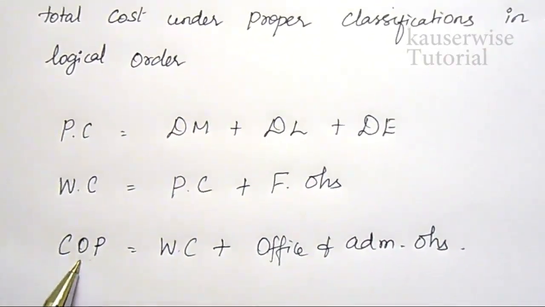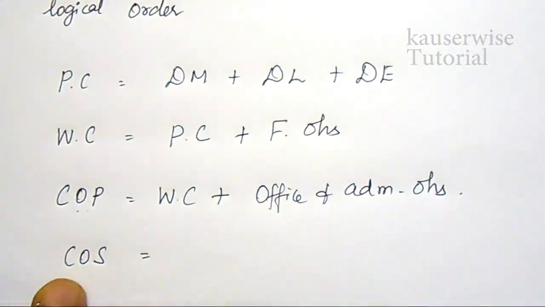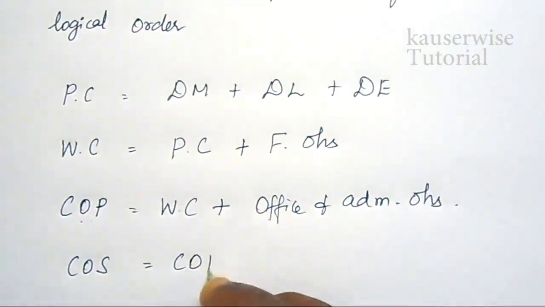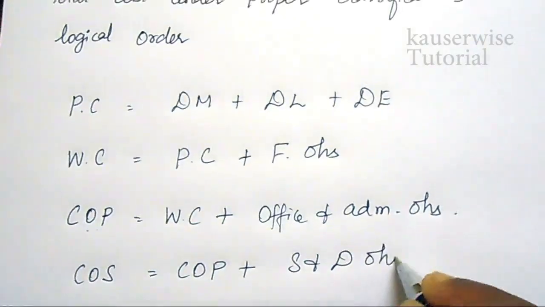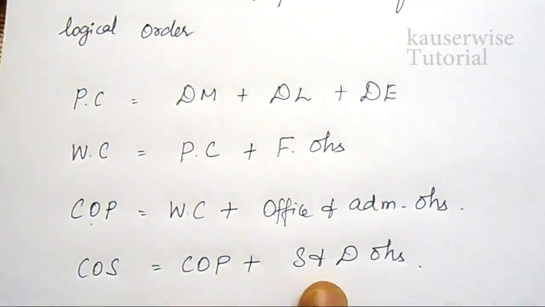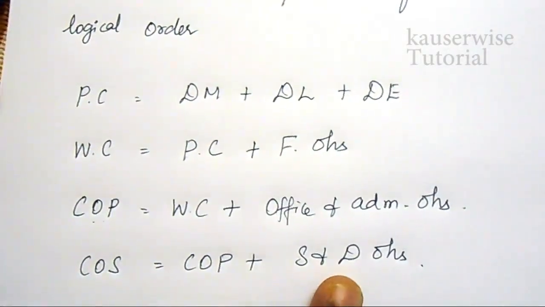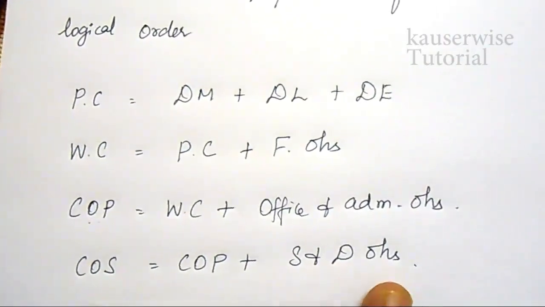And after finding the cost of production, cost of sales. So cost of sales is equal to cost of production plus selling and distribution overheads. All the expenses related with the selling of finished goods and distribution expenses are called selling and distribution overheads.